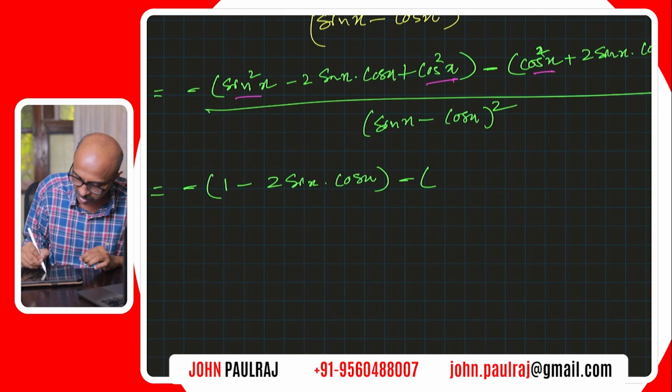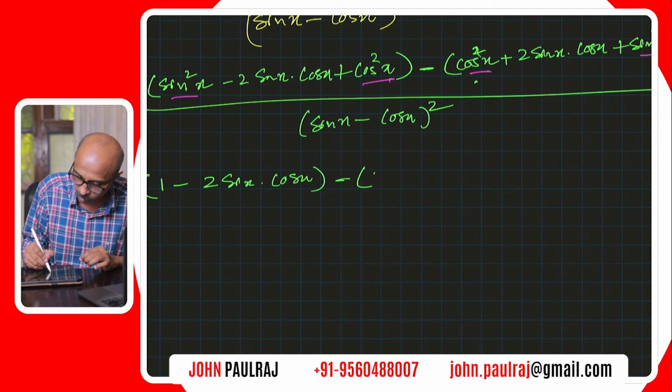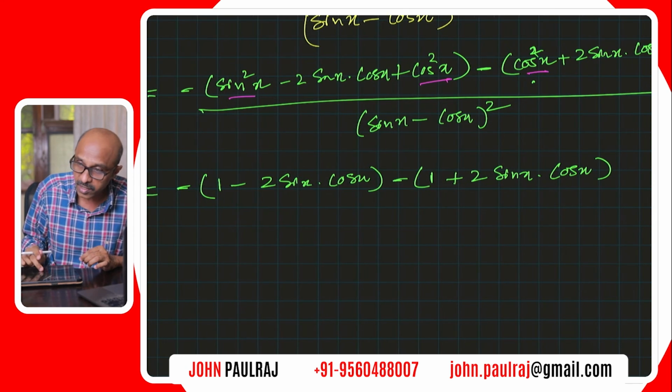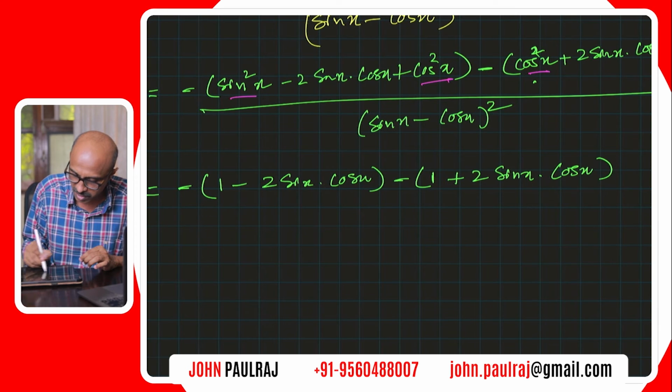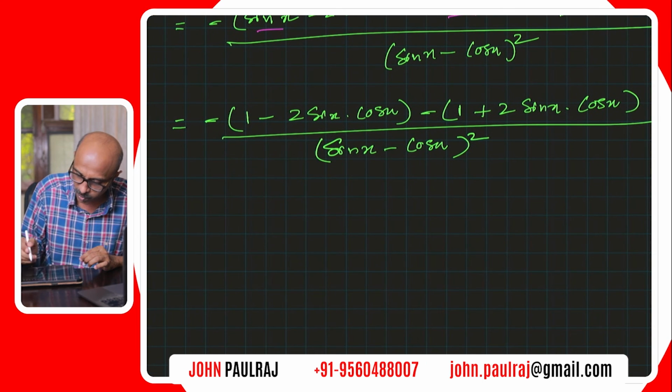And the second one with a minus sign, again, we've got a 1 that is cos square x and sine square x. That'll give you 1. And you've got a plus 2 sine x times cos x. All right, so that's just the numerator. And the denominator, we've got sine x minus cos x. That's a square.